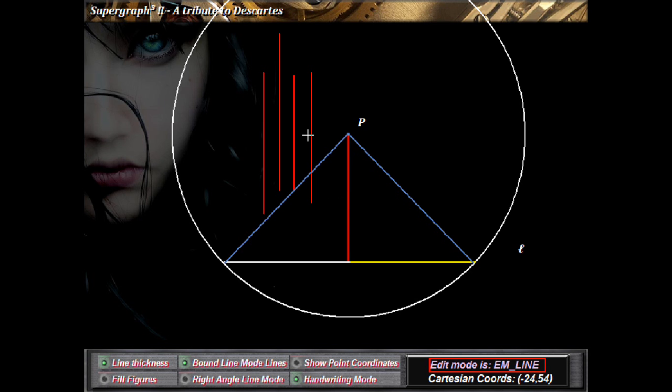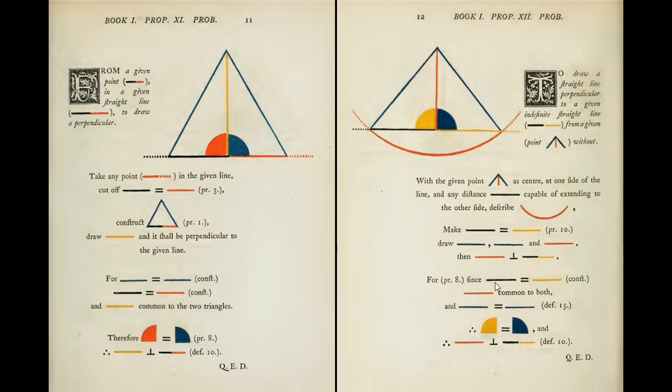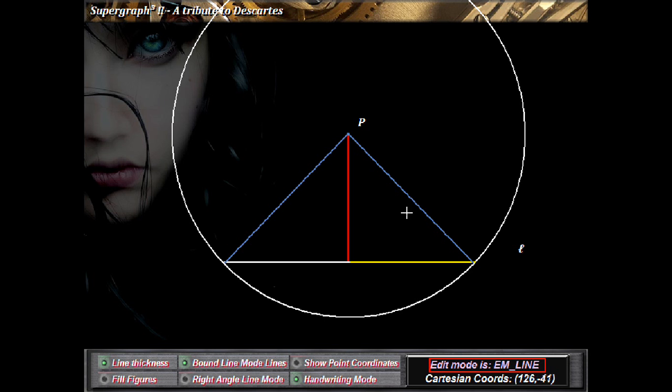Now by construction, that red line, that is true even without cheating, would be perpendicular. It would be a perpendicular bisector of a constructed line from an indefinite line. Okay. And black is equal to yellow by construction. True. Red is common to both that and the blue sides. True enough.